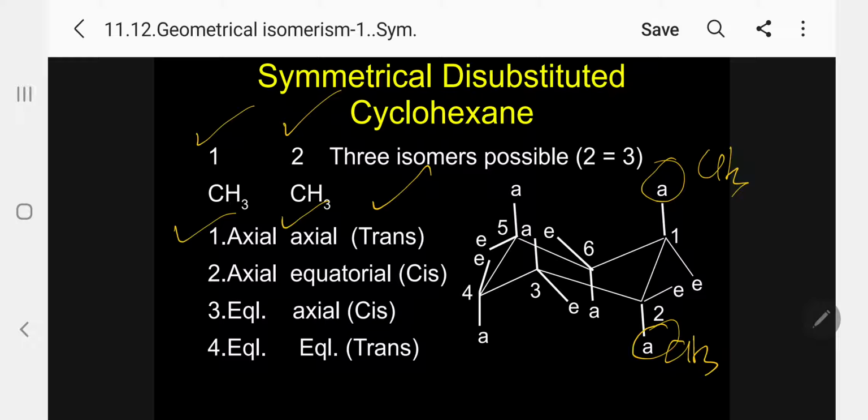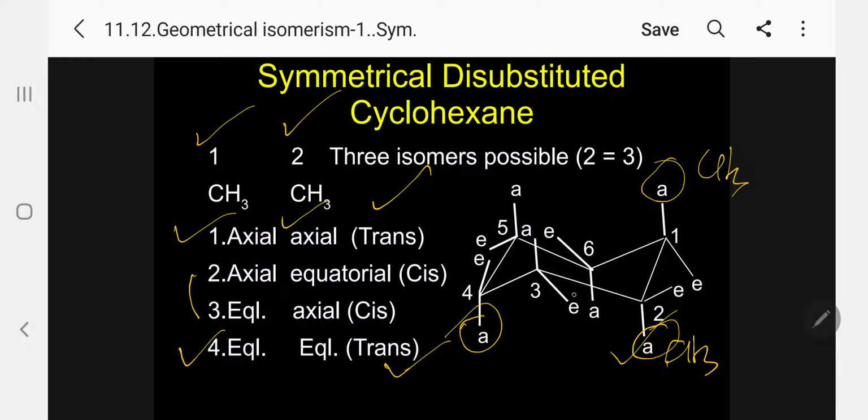The same way, you can go for 1 and 4. This is 1, this is 4, axial and axial, again opposite direction, again trans. You come for 2 and 3. Kindly follow, 1 is axial, this is axial, and 3 you can see here, it is equatorial.